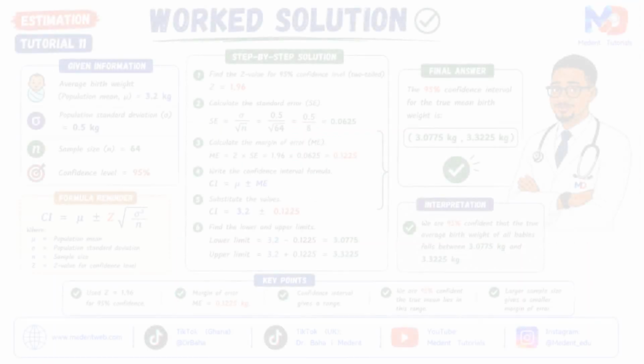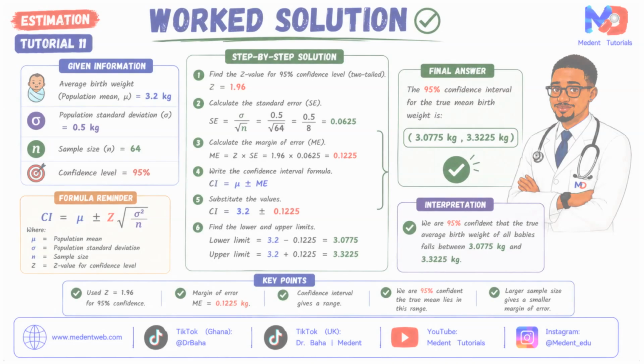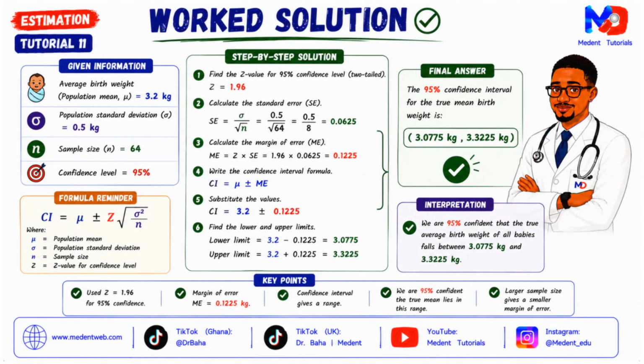So let's solve it together. First, calculate the standard error by dividing 0.5 by the square root of 64, giving 0.0625.